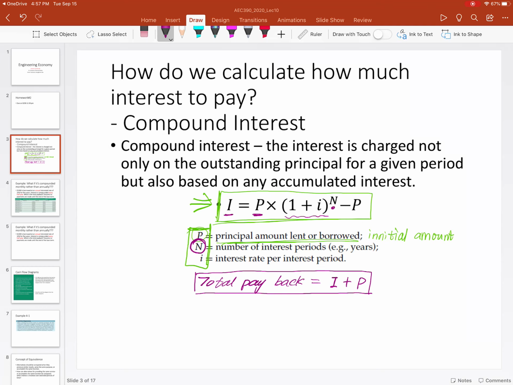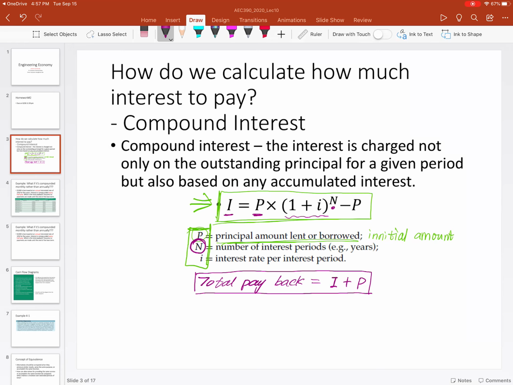Well, it's not necessarily, because you need to clarify with the bank how often they calculate the interest. Do they calculate the interest every year? If yes, then the 5 years or 10 years will be your number of periods. That will be the value of n.